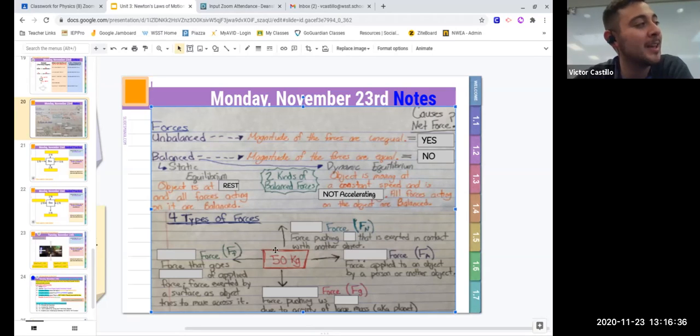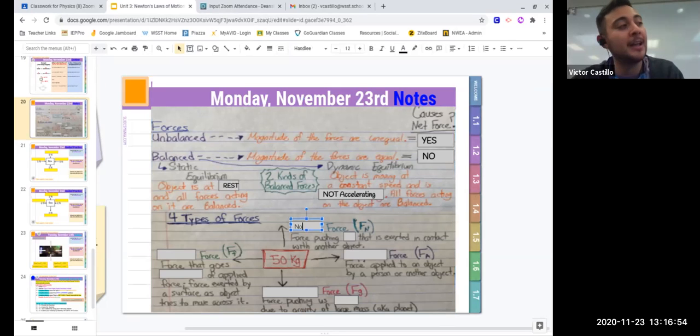Okay. And then we have four types of forces that we're going to be talking about and focusing on in Newton's laws of motion. I have a 50-kilogram object right here in the center, and there are four arrows where forces are acting on it. The first one is the arrow facing up, and that is considered the normal force. The normal force is a force pushing up.